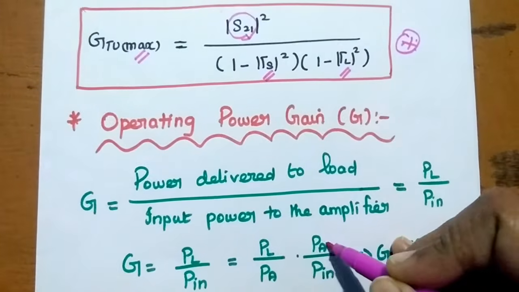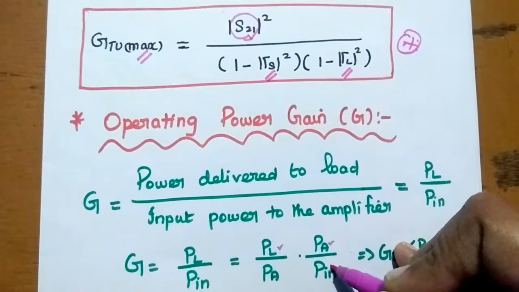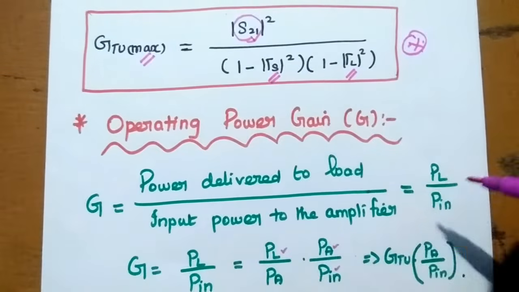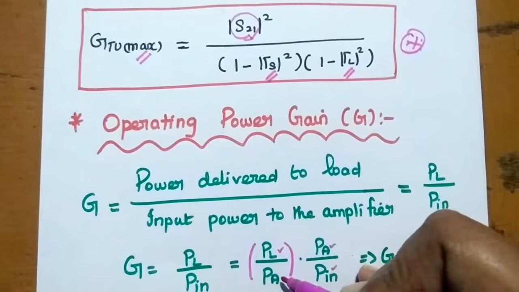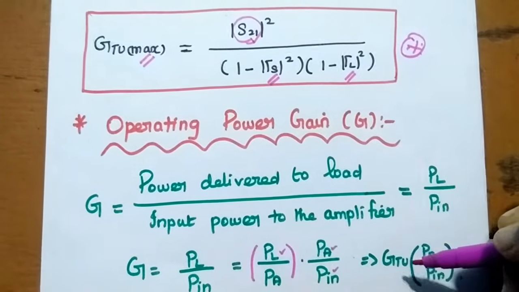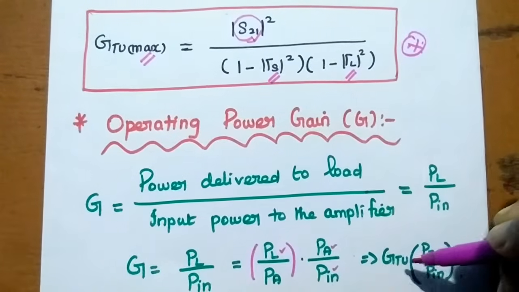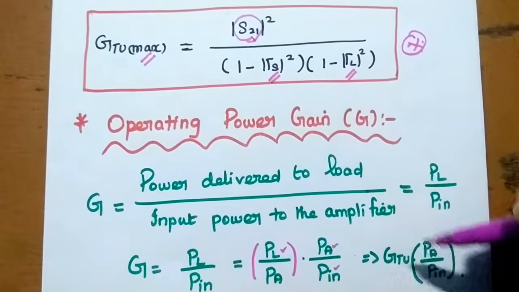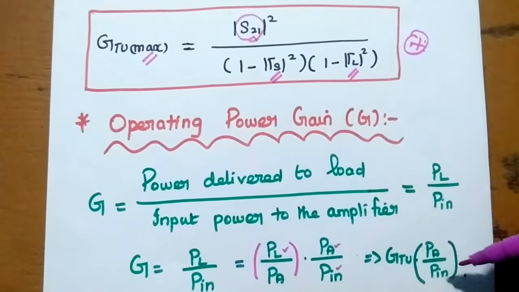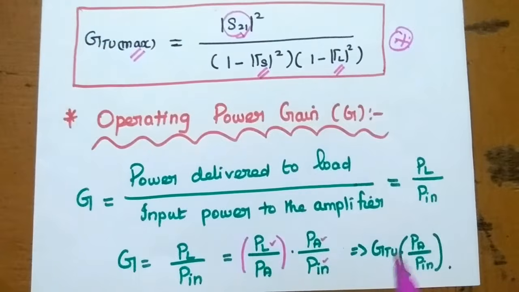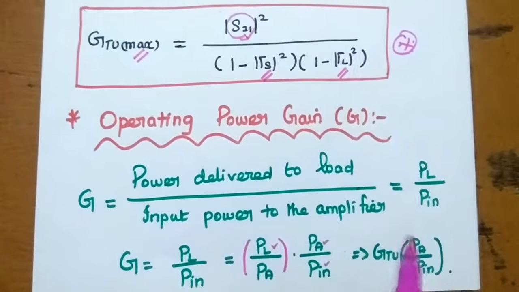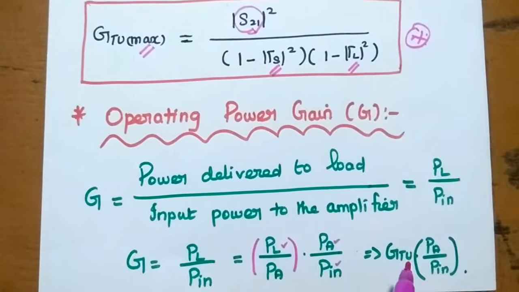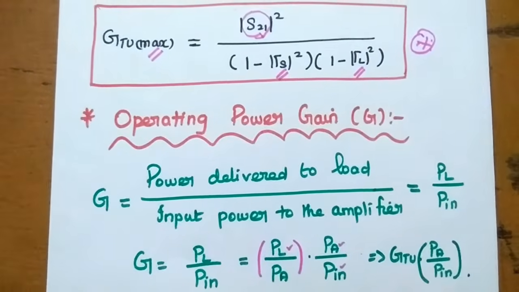We have already derived all the terms, right? Input power, available power and load power. So PL to available power is nothing but the unilateral transducer power gain, multiplied by available power to input power. So this represents the gain relation. Operating power gain is directly proportional to unilateral power gain.